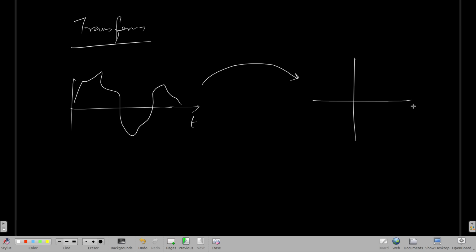In the case of the S domain, the Laplace transform, we call this the S plane, where the variables are sigma and j omega, right? What we are doing is we are taking the same entity and representing it using different variables. And when we are representing the same entity using different variables, what happens?